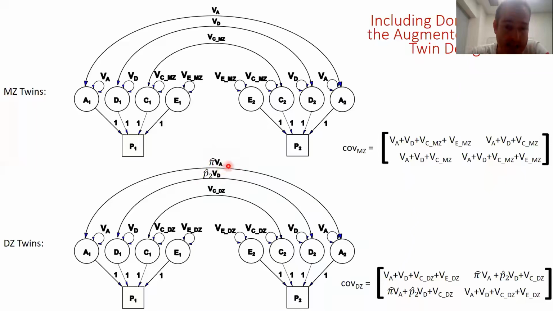So we're looking at whether the pair shares both their alleles identical by descent, and the degree to which this is right across the genome. So you're basically calculating the probability of the pair being IBD2 right across the genome. That's what that little coefficient is there. And that will allow you to estimate VD in your model as well as VA.